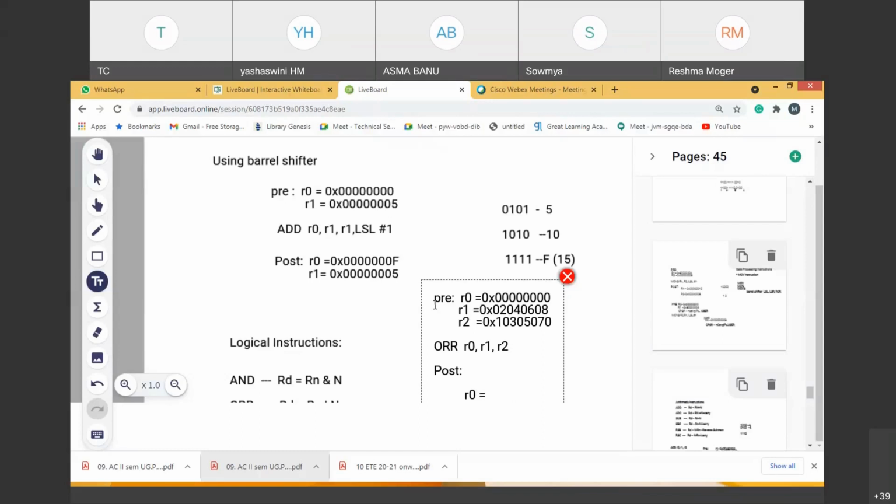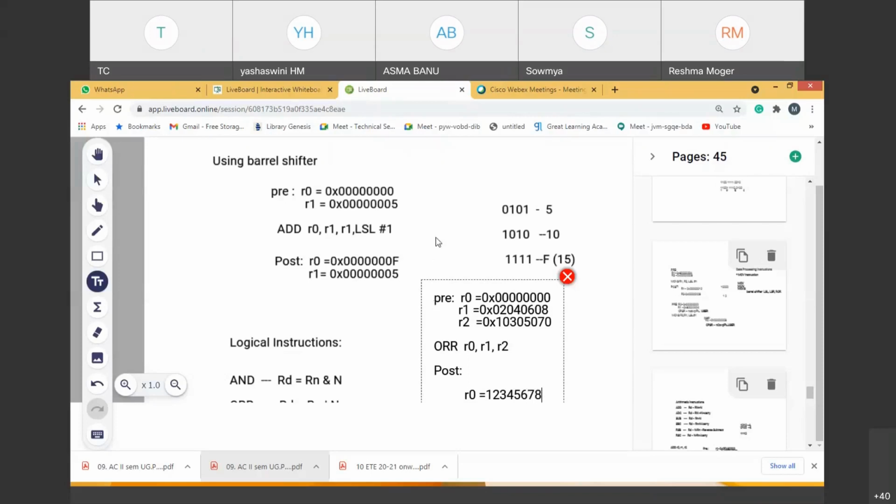When you OR it, you will get the result like this: 1, 2, 3, 4. Correct? ORing is nothing but normal addition. The only difference, as I said, is that when 1 comes in addition, it is 10, whereas in OR operation, it is 0. That's the simple difference. So I'll write 1, 2, 3, 4, 5, 6, 7, 8 as the result.